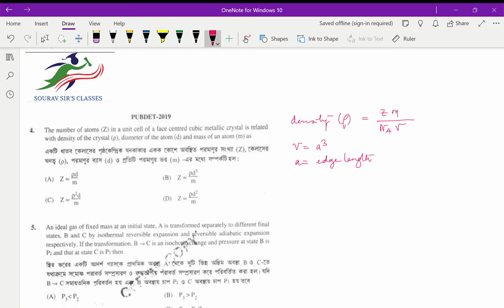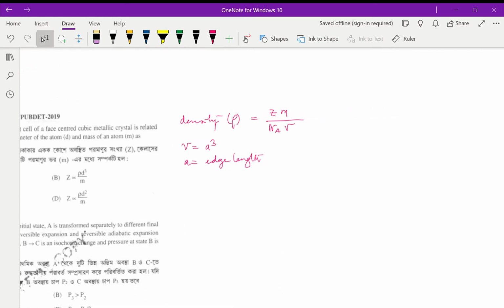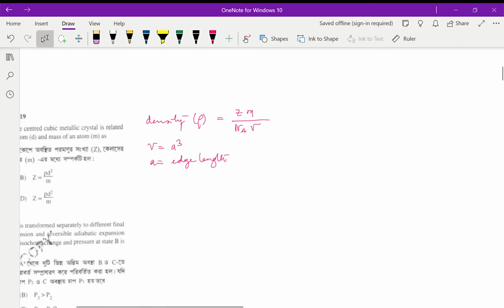So for a face centered cubic cell, please understand, you try to draw a cube like that first, and out here the atoms, how they are present.